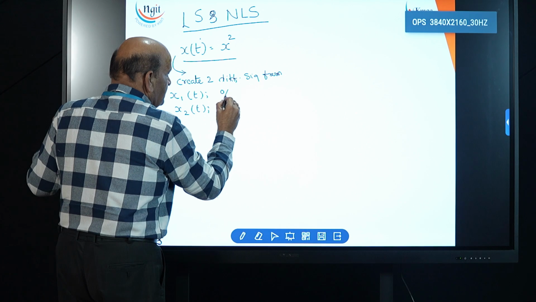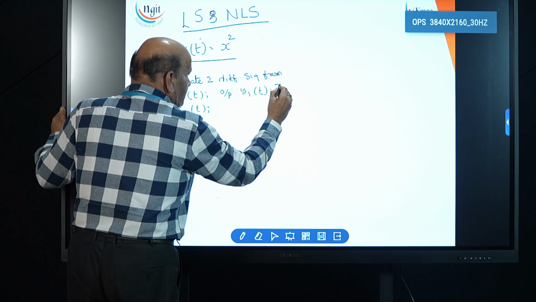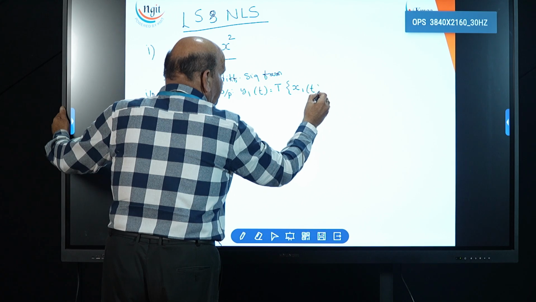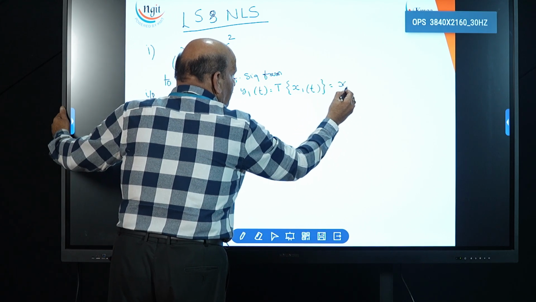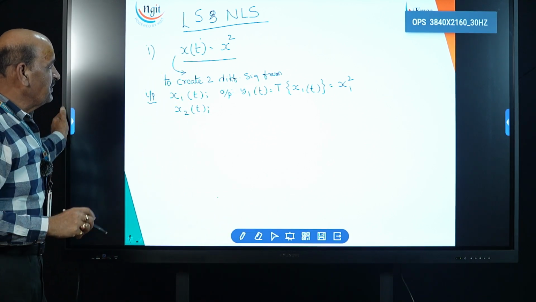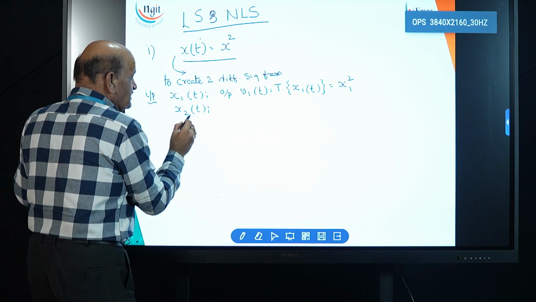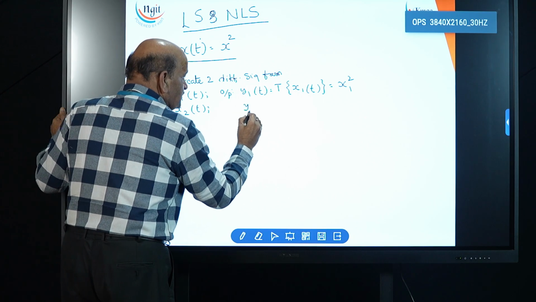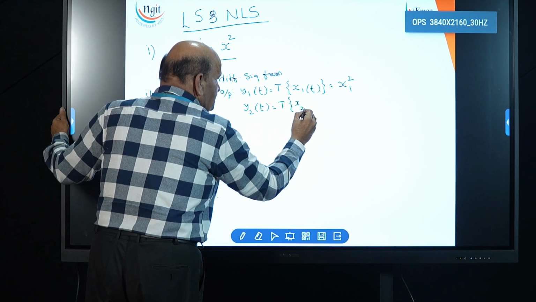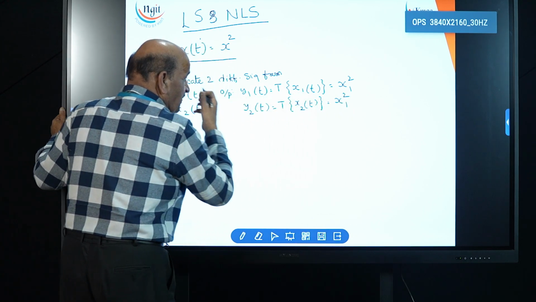Now, let the outputs be y1 of t is equal to some transformation of x1 of t. Then the output gives x1 square. For the second one, the input is x2 of t. The corresponding output y2 of t is some transformation of x2 of t. Let its output be x2 square.